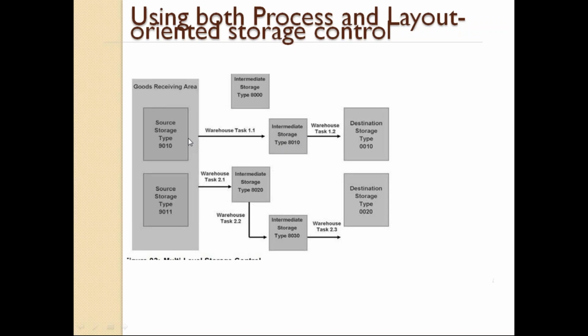Instead of GR zone, this first step is without LOSC. This is simple LOSC. We say from GR zone to a destination 0010, go via this. But now here you can see we are saying that 9010 is going to packing. Let's say this is a deconsolidation area or counting area. So we say from source to counting to destination. But what we have said is source to intermediate area, then go to counting, and then go to destination.